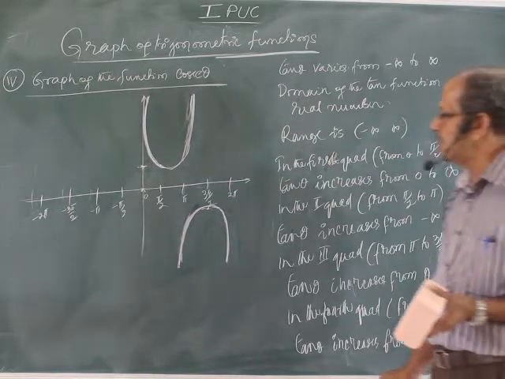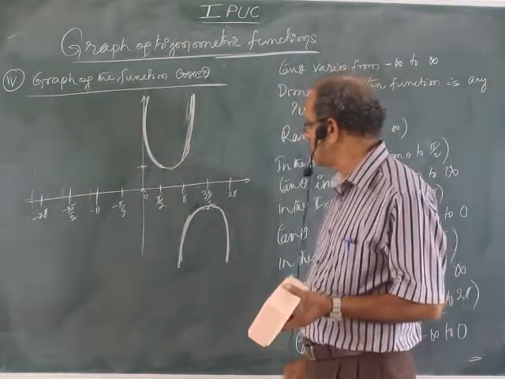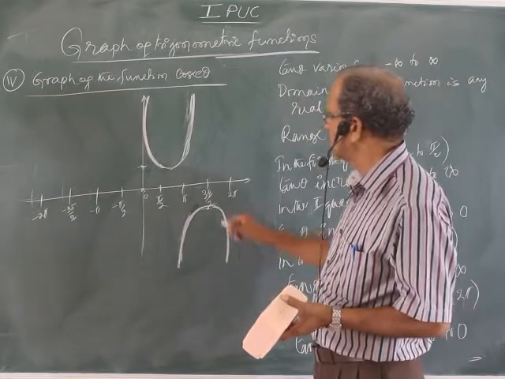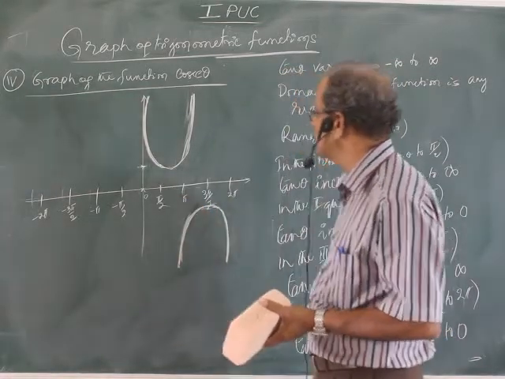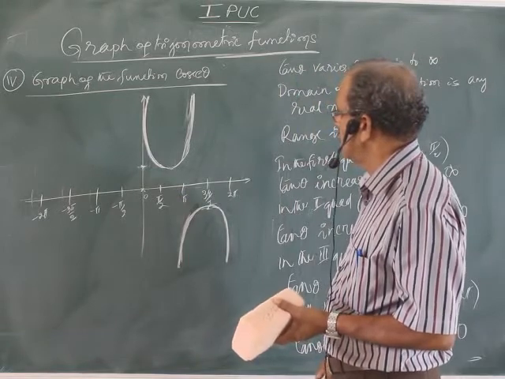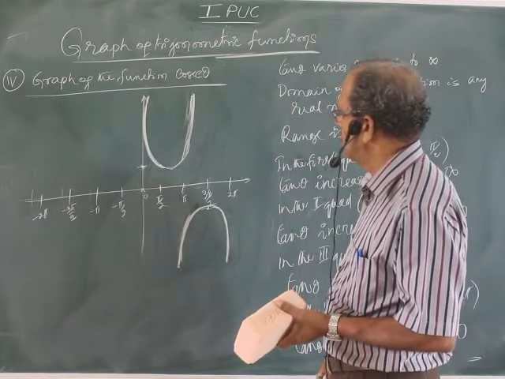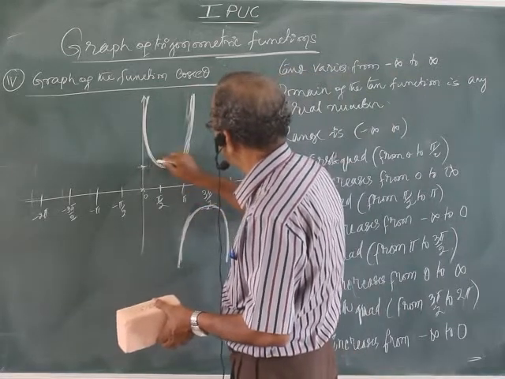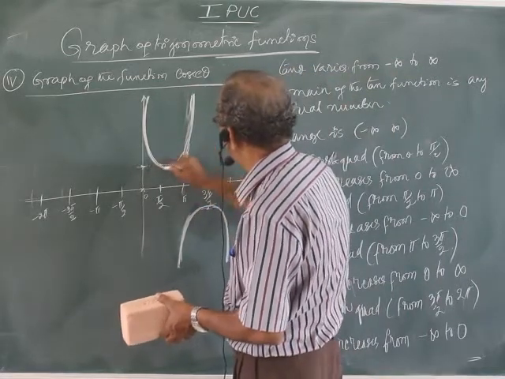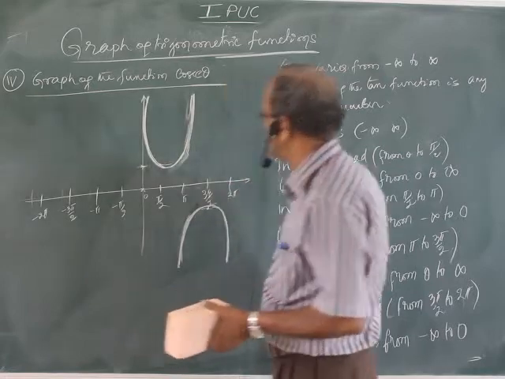Cosecant 3 pi by 2 is minus 1, cosecant pi is not defined, and values of 1 point something. Anyway, it should be okay.